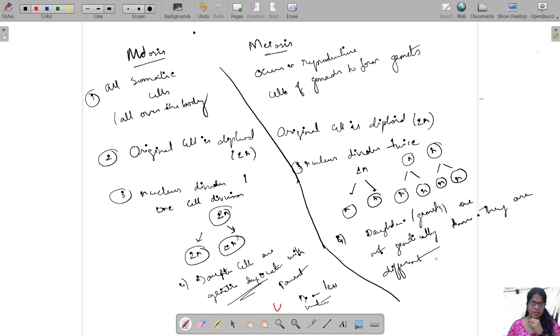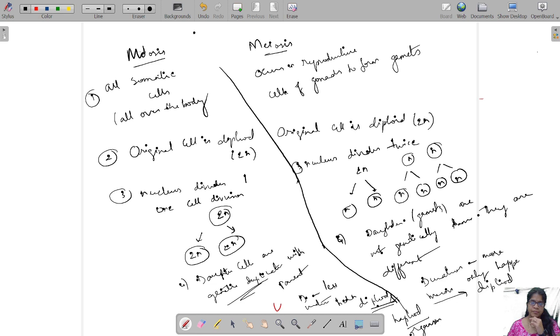Okay, mitosis happens in both diploid and haploid organisms, but meiosis only happens in diploid organisms. Example, humans.